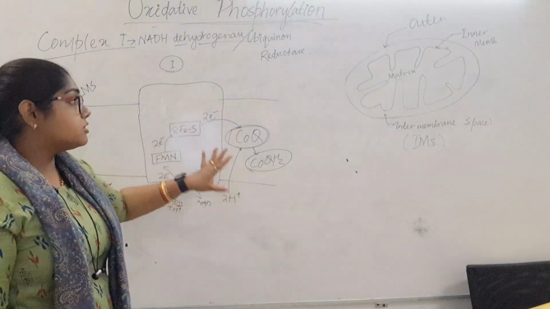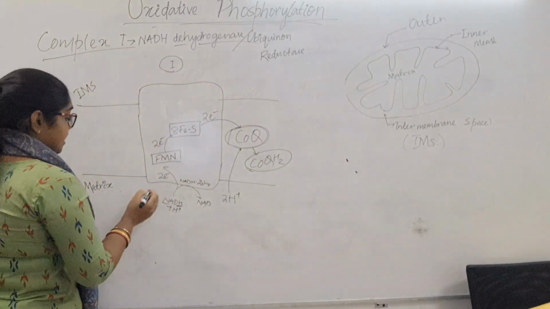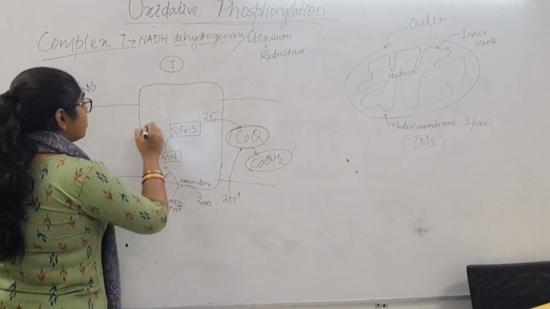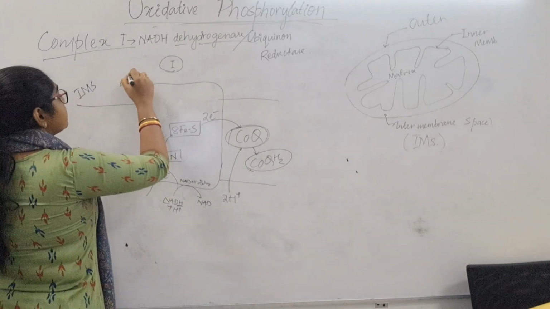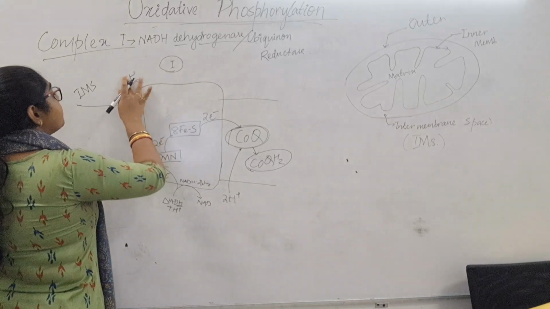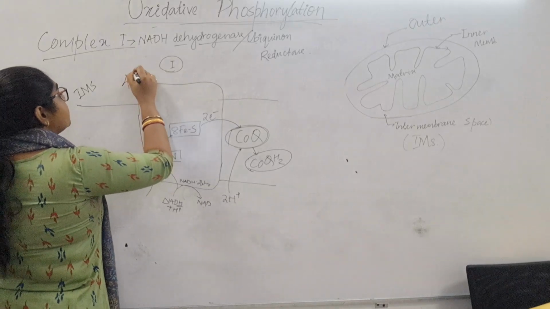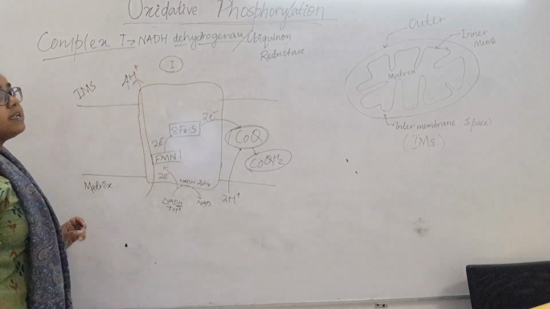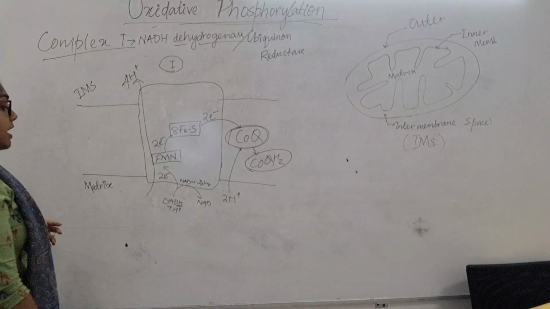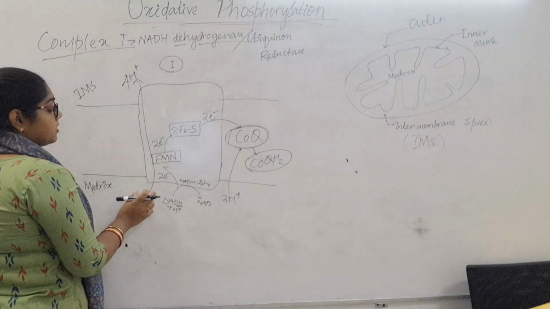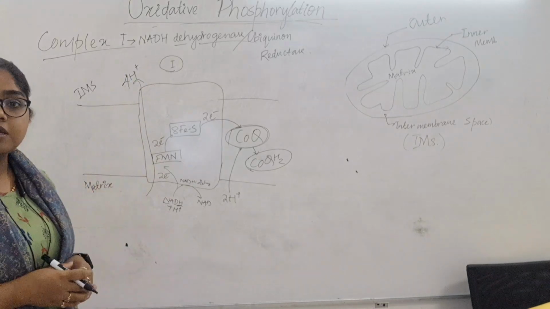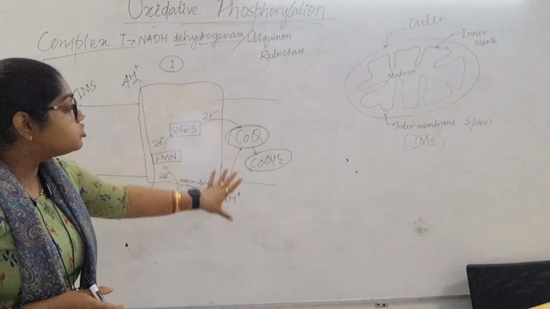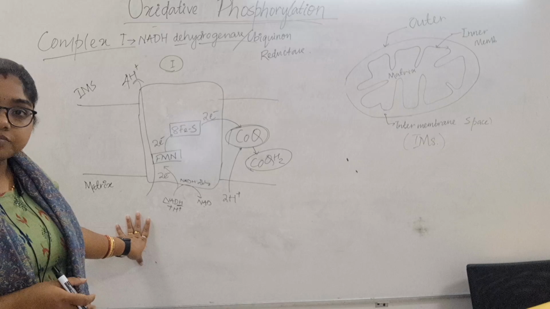When all this process happens, 4 protons are transported from the matrix to the intermembrane space in complex 1. Okay, this is the whole story of complex 1.